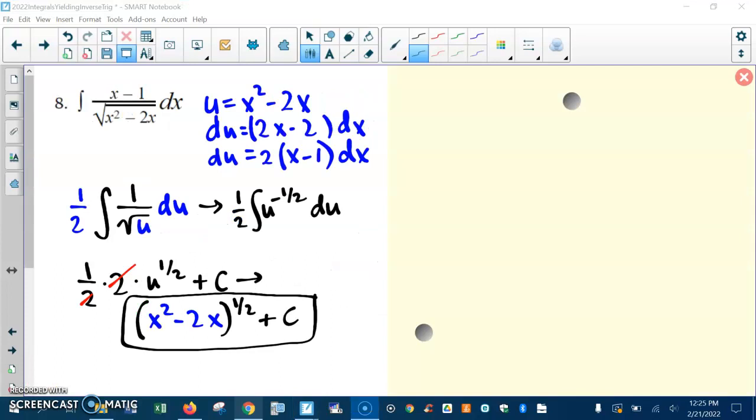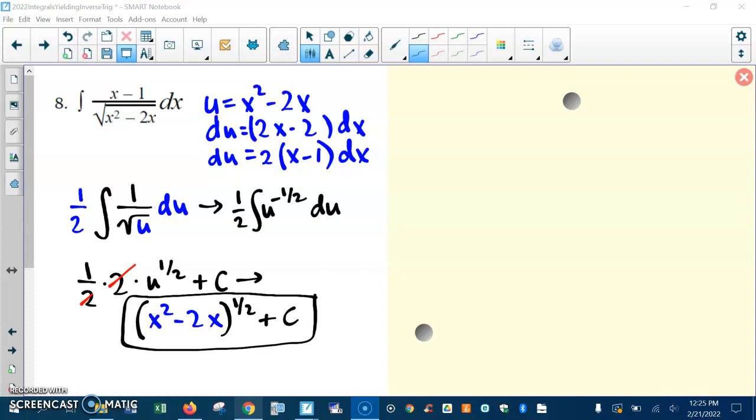So for number 8, I don't see two perfect squares, one a constant, one a variable. But what I do see is a function inside of a function and a function whose derivative is also present, so I start to think u substitution, where u is my function inside of that square root function, which is x squared minus 2x, and du becomes, with a little factoring, 2 times the quantity of x minus 1 dx.